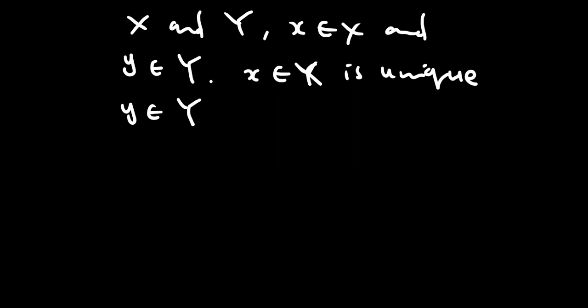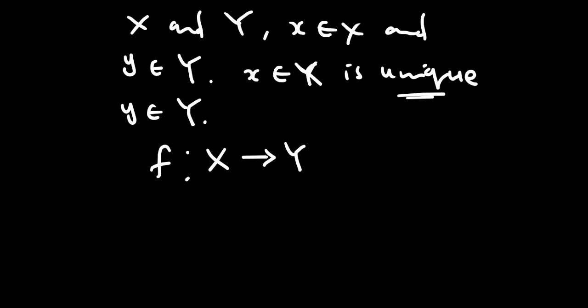What we mean by unique is that there is only one of these y's to which the x is mapped, and the function is written like this: x maps to y. So this is x mapping into y.